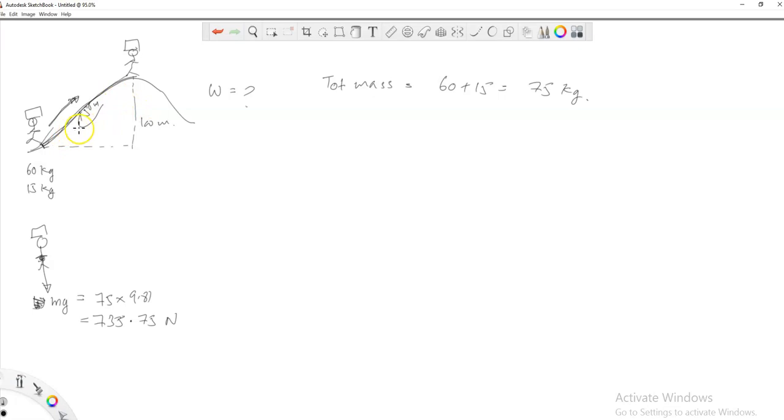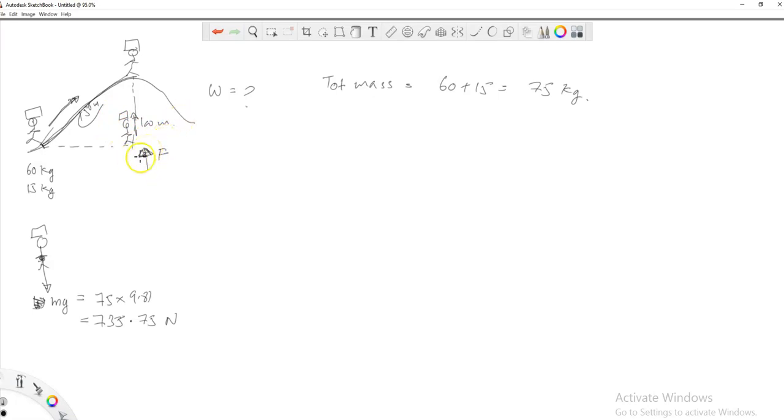It is the same thing as going straight up 100 meters, instead of going at an angle 150 meters, you reach the same point. Let's say the guy is here and then he's climbing up 100 meters, same as taking this route 150 meters. So to go this 100 meters, he has to apply a force in the same direction, right? The force has to be in the upward direction.